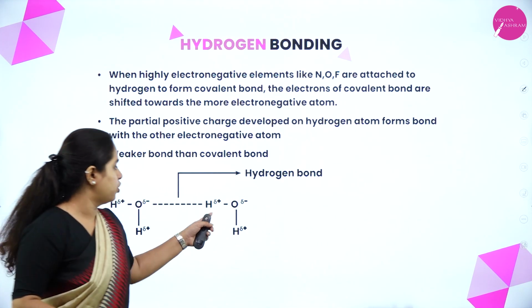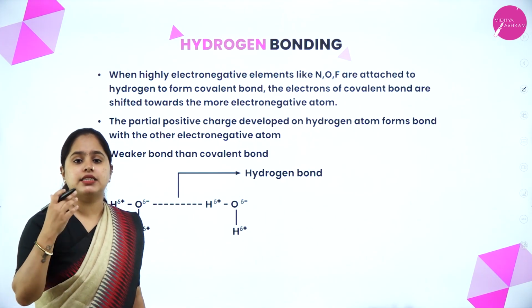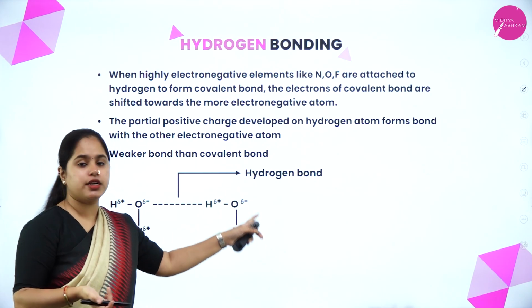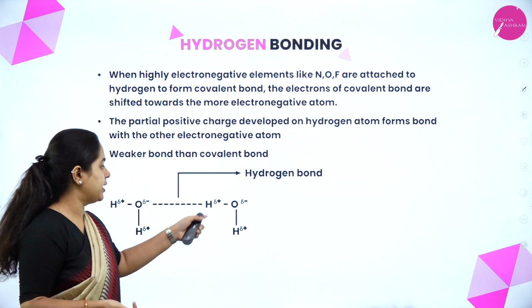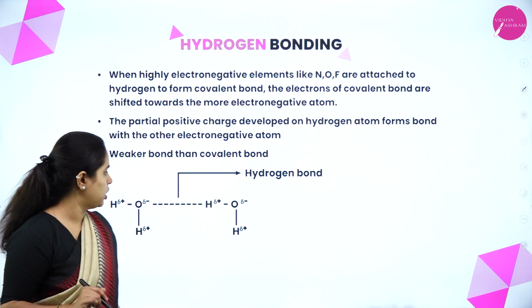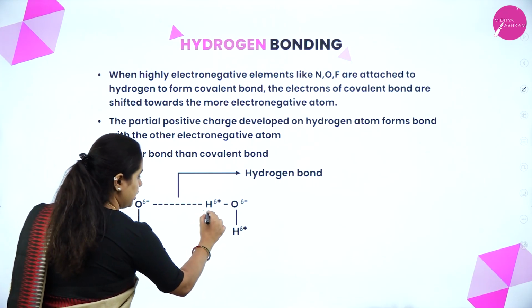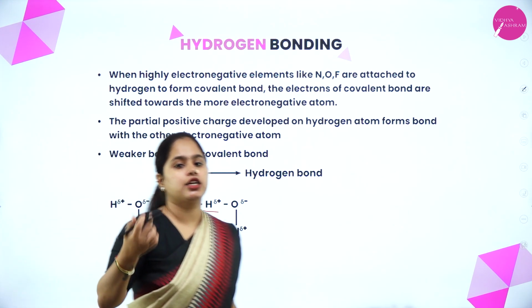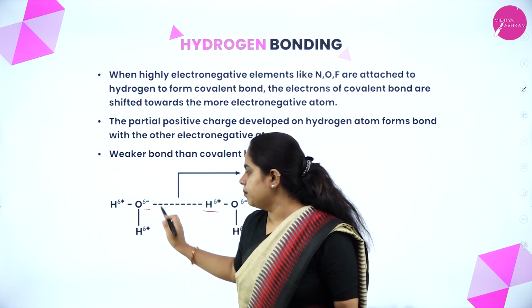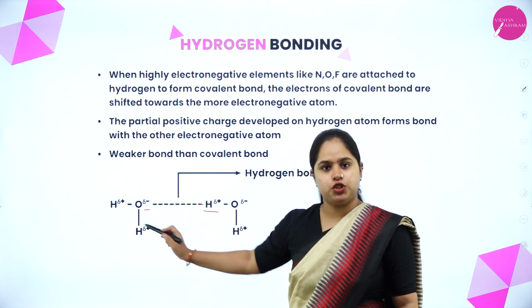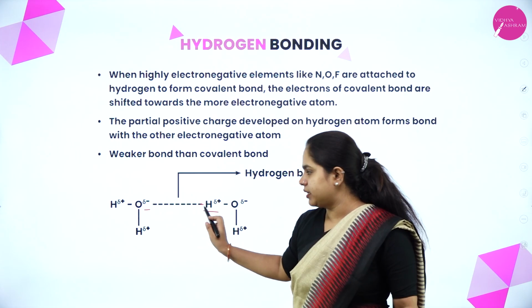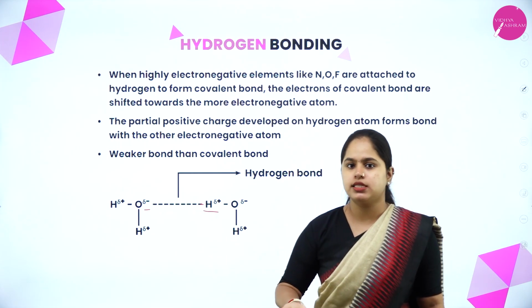So the shared pair will be more attracted towards oxygen. The oxygen attains a partial negative charge and hydrogen has a partial positive charge. Now a bond is formed between this hydrogen atom and the electronegative atom with the partial negative charge, represented by this dotted line. That is called hydrogen bonding.